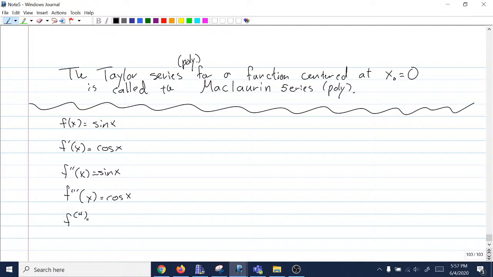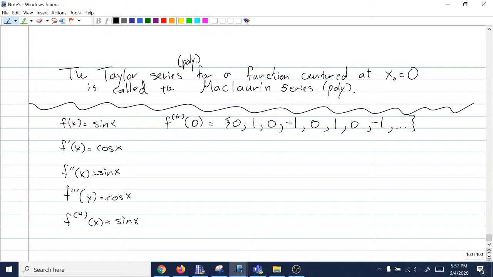The next derivative is sine again. So if I think about what these values are at 0, I get the sequence 0, 1, 0, negative 1, 0, 1, 0, negative 1. That sequence is easy to understand.